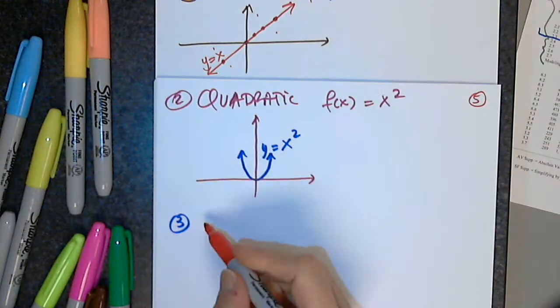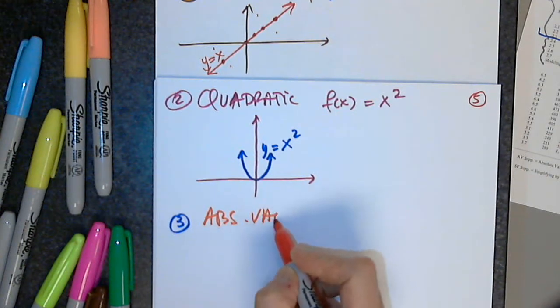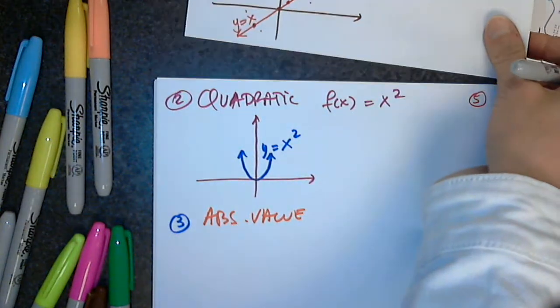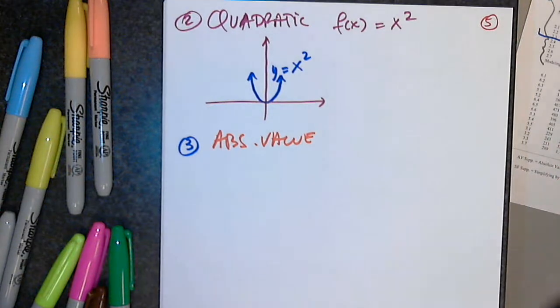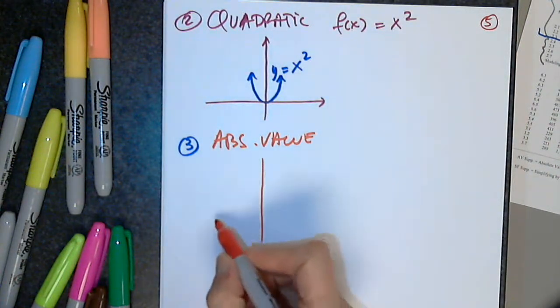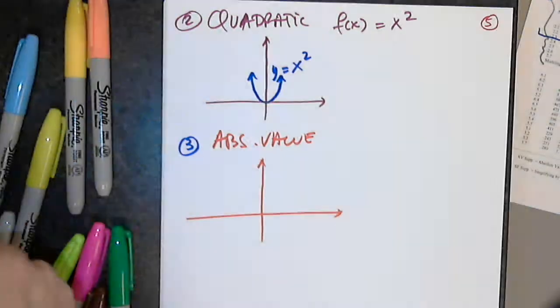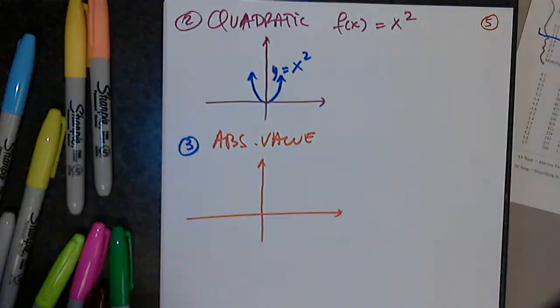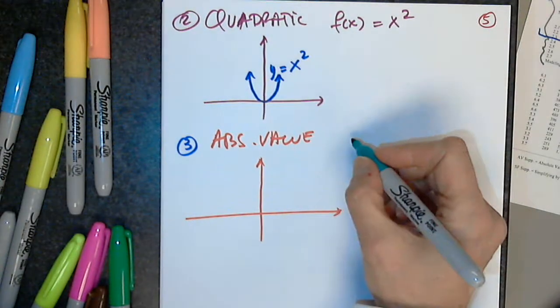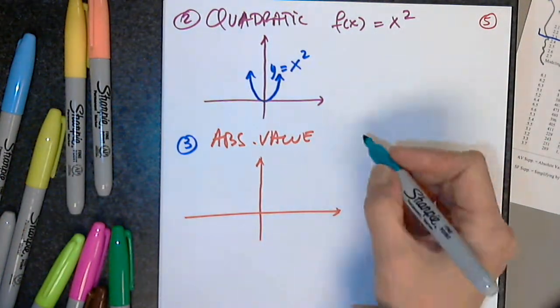Okay, so the next one is the absolute value. Yes, that is a V function. Awesome. Very good. So here's the graph. Can anyone give us the simplest possible absolute value function? Very good.